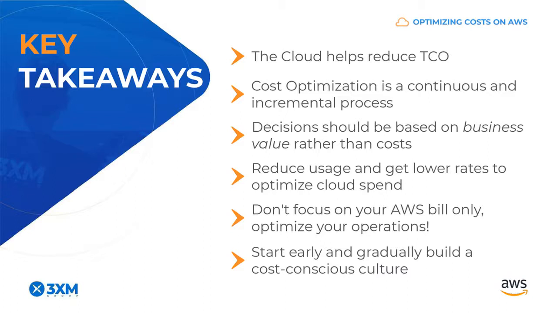And you can pull 3 levers to optimize your costs in the cloud. You can reduce your usage and get lower rates to optimize your cloud spend, but don't forget about your operations. Optimize your operations and free up time and capital for business differentiating endeavors.